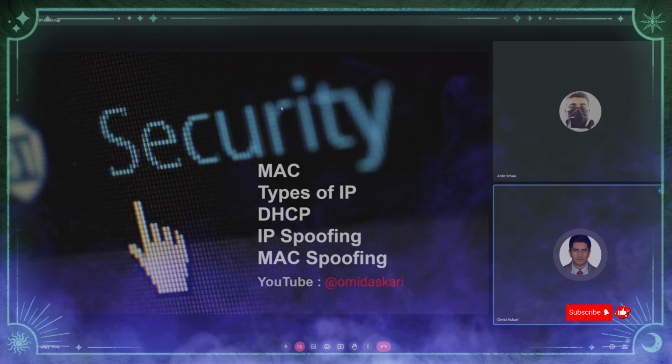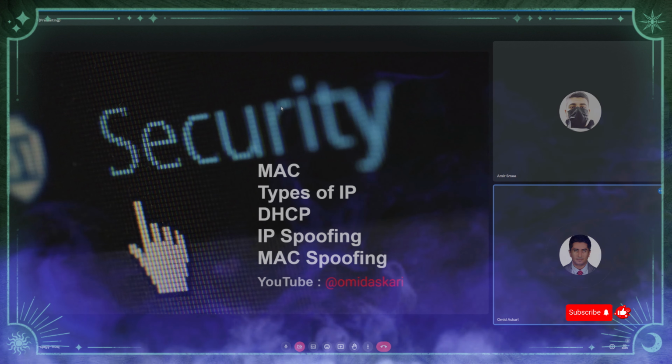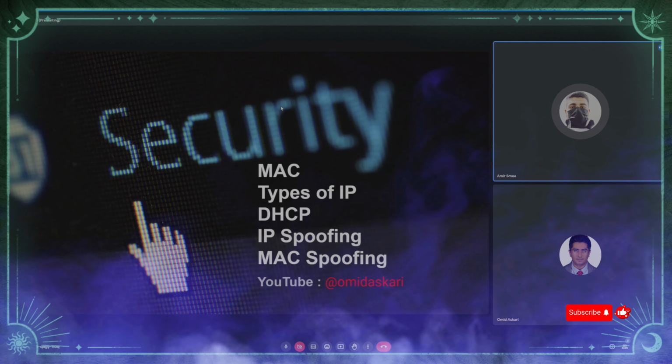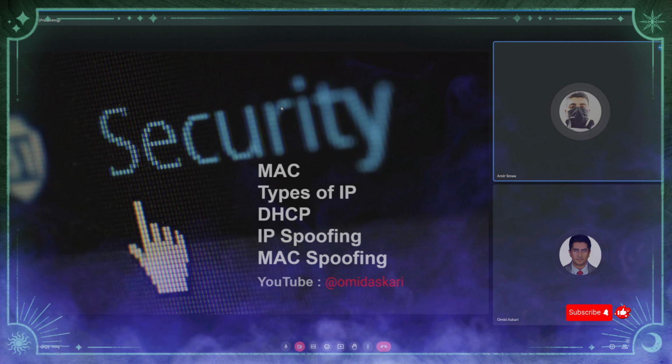Now, question two. How can you reverse engineer IP and MAC spoofing attacks? Sorry, I don't have any information about reverse engineering.